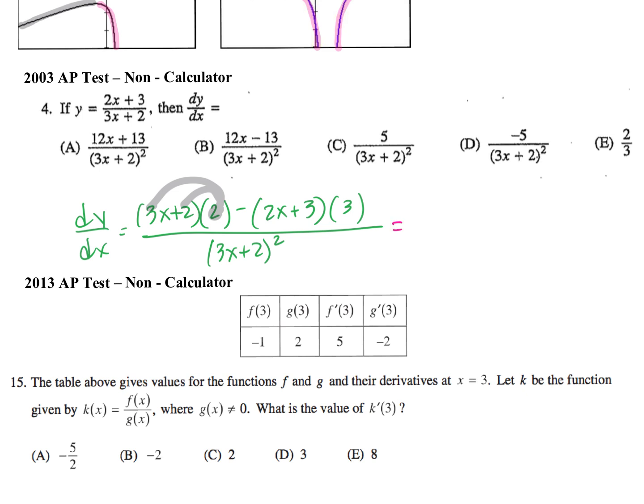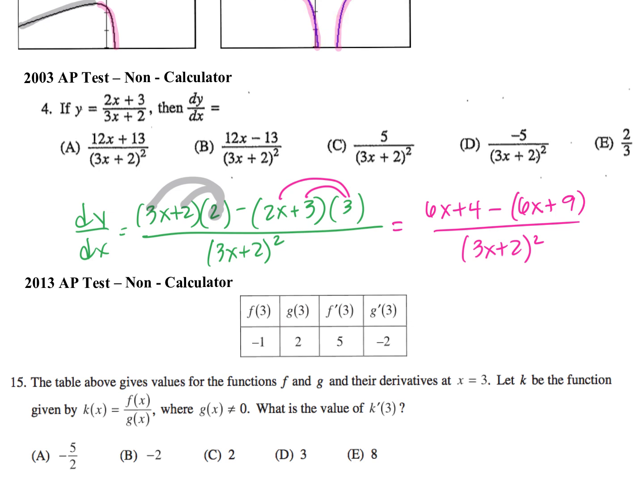What are we getting on top? 6x plus 4, agreed. And then I'm going to do minus parentheses. Let's distribute my 3. What's that going to get me? 6x plus 9, all over my same denominator.